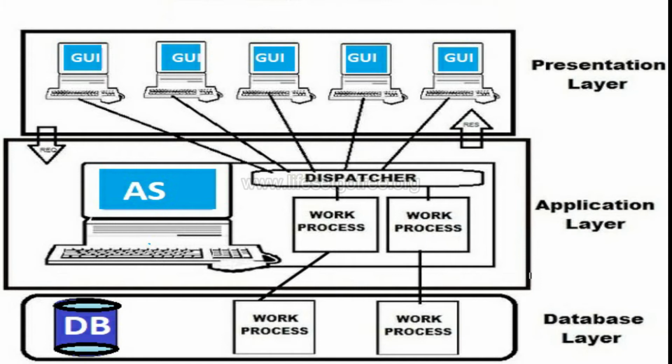The dispatcher dispatches the requests one after another to the available work processes. So here it will be allocated to the work processes. The actual processing takes place in the work process. When the processing is complete, the result of a work process is returned by the dispatcher to the SAP GUI.